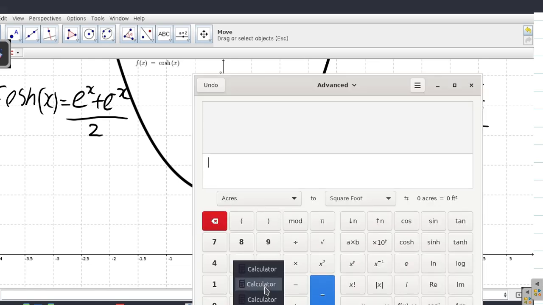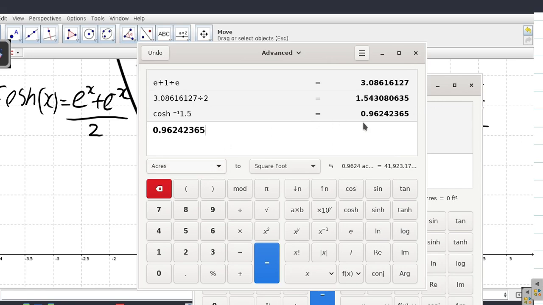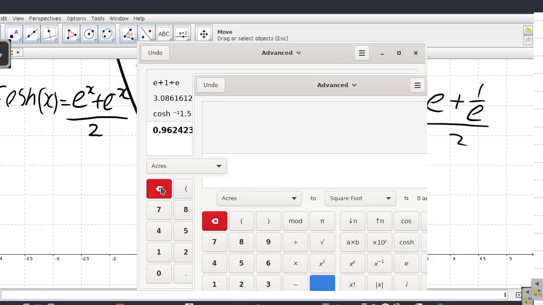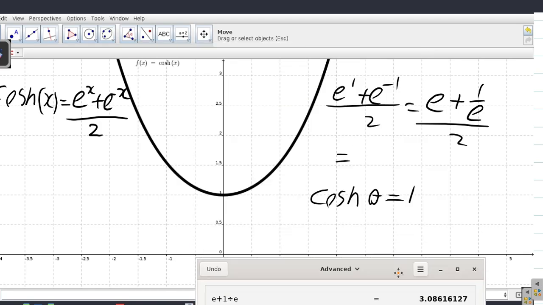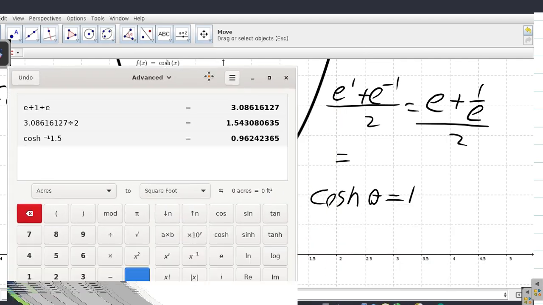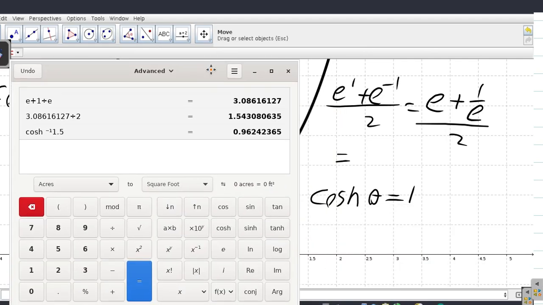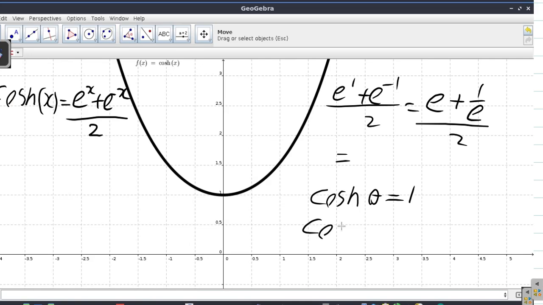Alright, so what we have is, since the cos of the angle is 1, the cos inverse of 1 would be the angle. Let me write that down. The cos inverse of 1 would be theta. I wonder what theta would be.